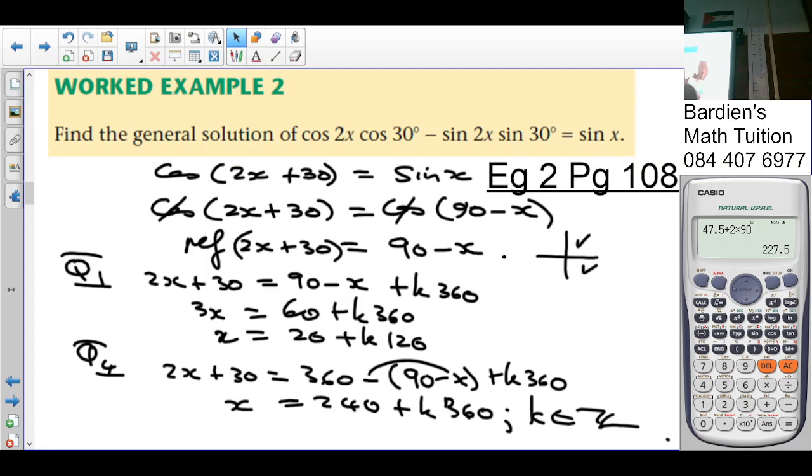Okay, your next heading is 3D problems. 3D problems. Now last year we dealt with 2D problems, not so? Have we done 2D problems last year? Sine, cos and area rule?